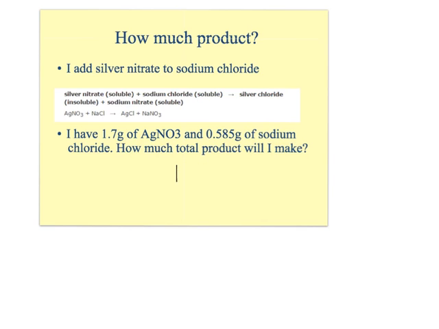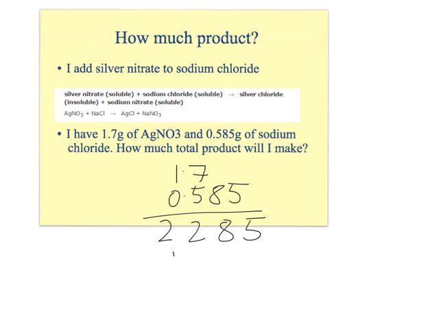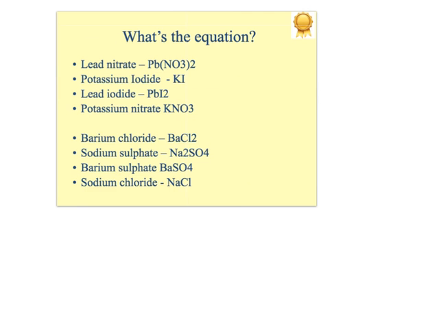Total product, 1.7 plus 0.585, 2.285 grams, okay? Because due to the law of mass conservation, you must have the same amount at the end as you started off with.